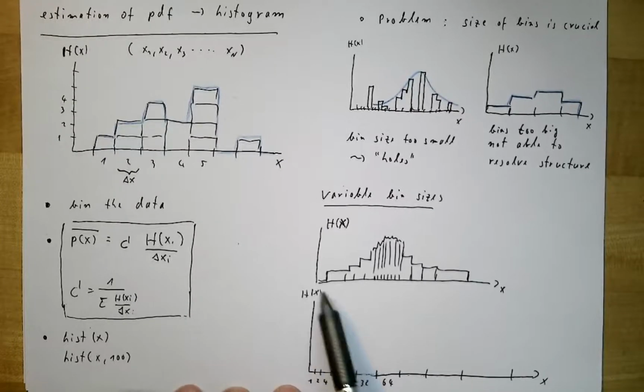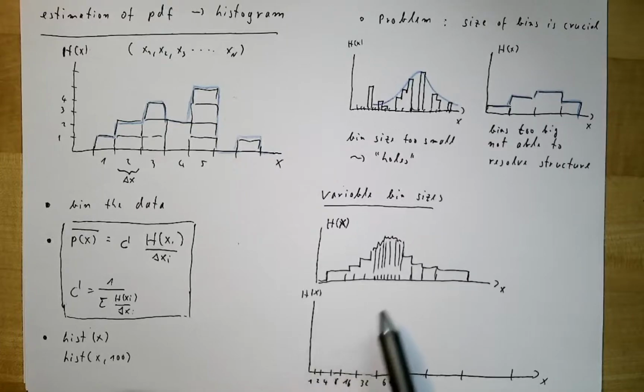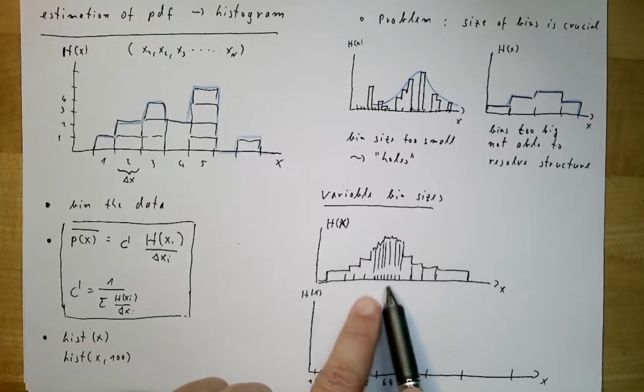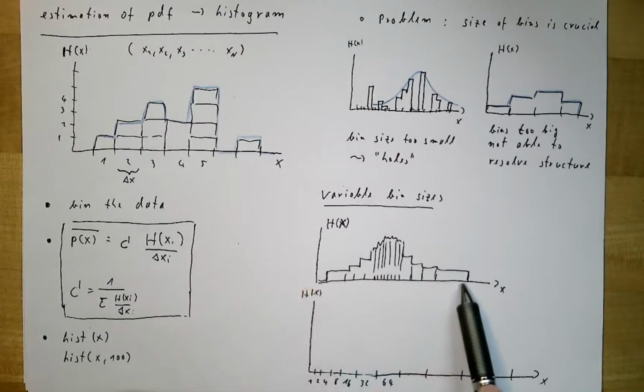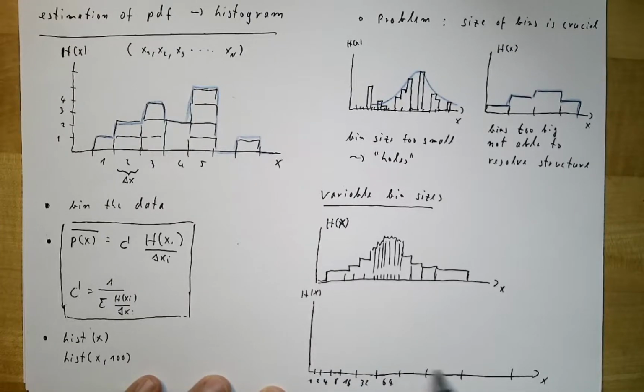because you have to find the right bin size, or the distribution of bin sizes. You might have a lot of small bins where there is a lot of data, and large bins where there is not so much data. You can even do this systematically, increasing the bin sizes with increasing values of the random variable.